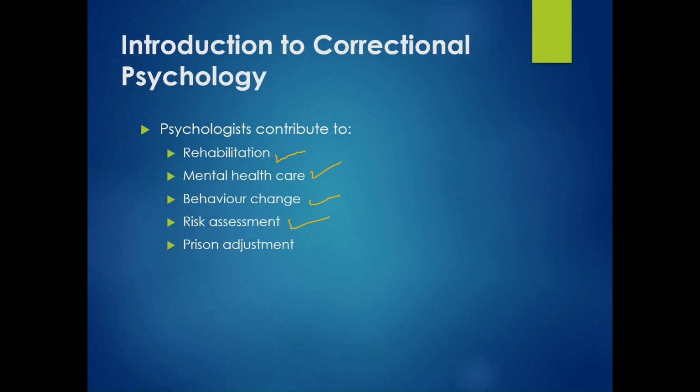Finally, prison adjustment, they help the inmates or the person who has been sent to prison to adjust to life in prison, right? Imagine a whole person dedicated just to make sure that a person gets adjusted in prison life, right? Yeah, that is a function of correctional psychologist. So, correctional psychology is not only about mental illness, it is also about helping people behave better, learn better, and eventually live better once they come out of the prison life. So, these are the contributions of correctional psychologists.